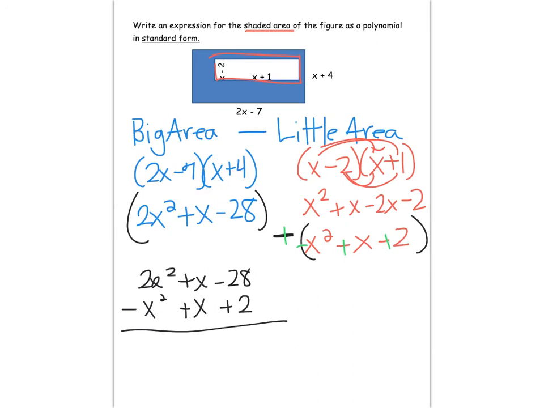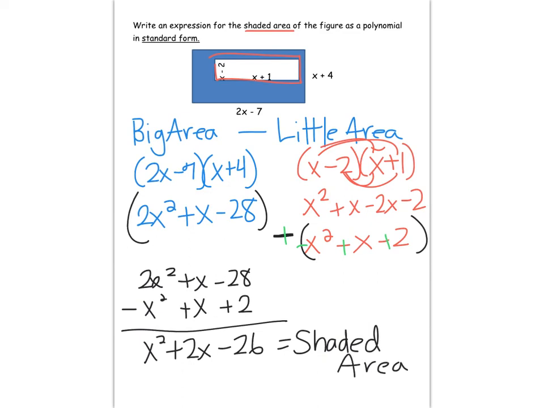So 2x squared minus x squared leaves x squared. x plus x gives us 2x, and negative 28 plus 2 is negative 26. And that is our shaded area as a polynomial in standard form. Okay, if you have questions, please ask in class.